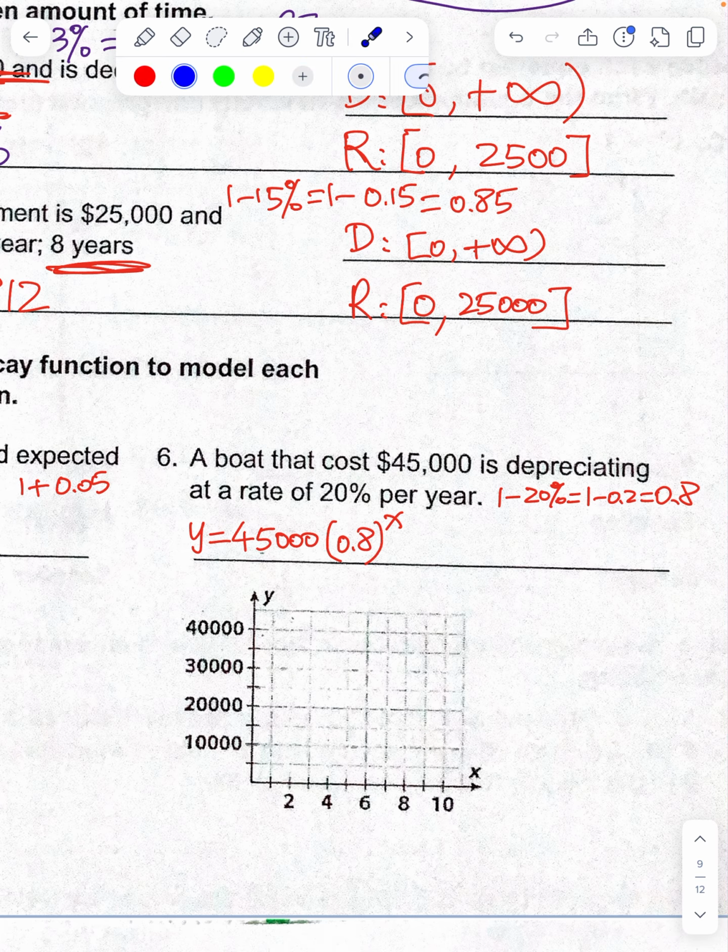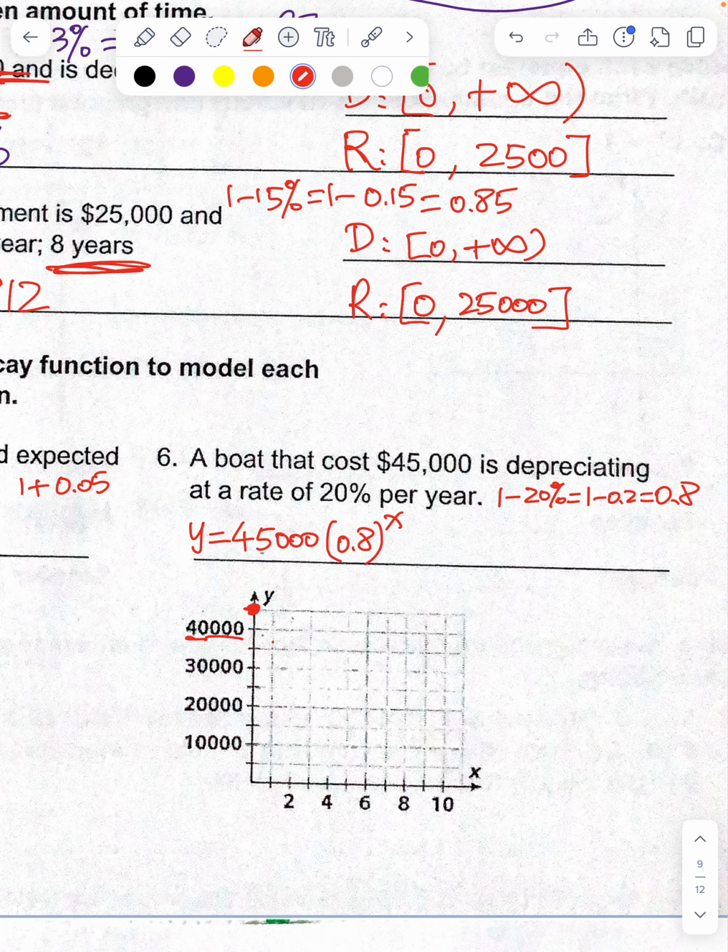So at the beginning, when you just bought it, the x equal to 0, not even 1 year passed yet. So the value is 45,000. It's right here, right? This is 40,000. So above it, another box above it. And then year 1. 45,000 times 0.8. So 36,000.